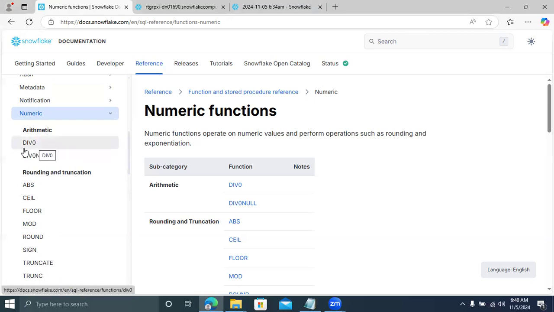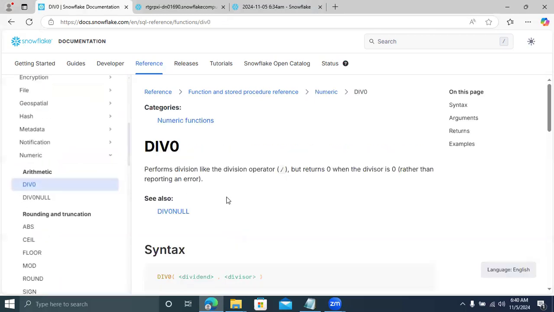Now, if you see div0, this function will perform the division, the same way we perform division. If the divisor, the number you are trying to divide by, is 0, it's going to return 0.